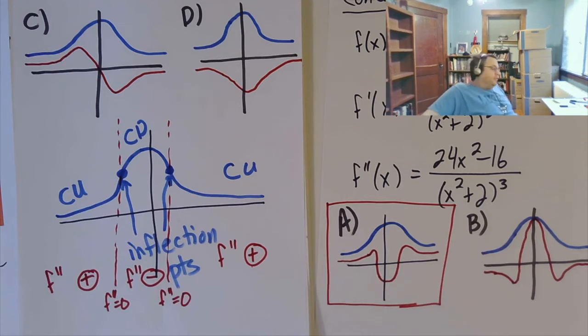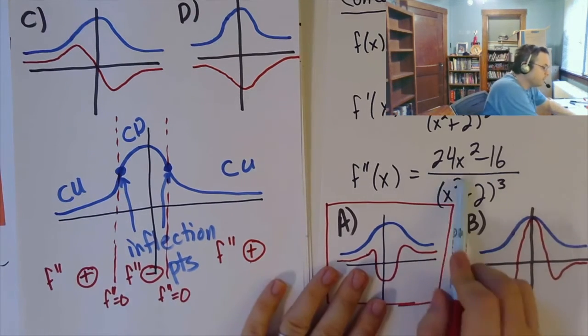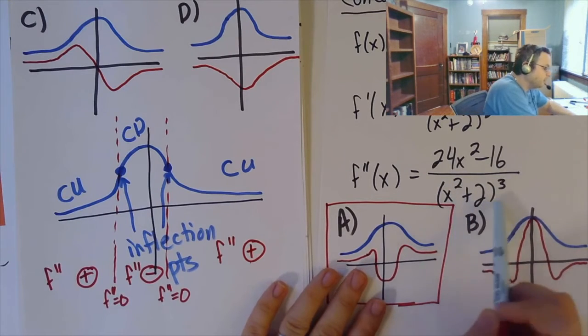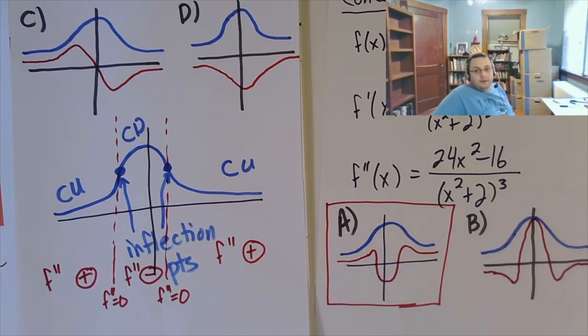Which is just a different way of doing it than what we did earlier, because earlier we just solved it. And so you could do the same thing. You could figure out where 24x squared minus 16 over x squared plus 2 cubed is positive and where it is negative, if you wanted. But I agree, they're not on the exact point, so I think it wants you to approximate, and I assume it is fairly forgiving.